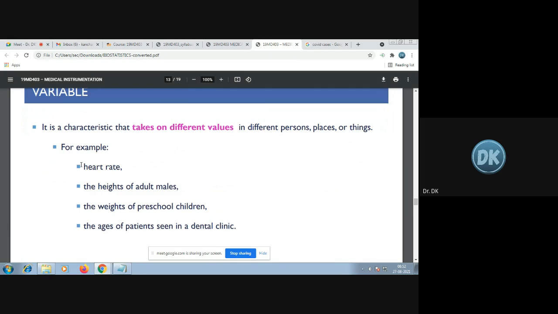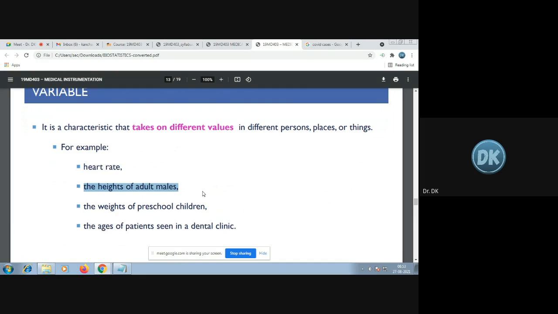For example, if you take the physiological parameters, heart rate is a variable. The heartbeat will keep on changing. If you are sleeping, your heart rate is different. If you are running, heart rate is different. If you are meditating, your heart rate will be different, right? So heart rate is a variable. Heights of adult males is a variable.